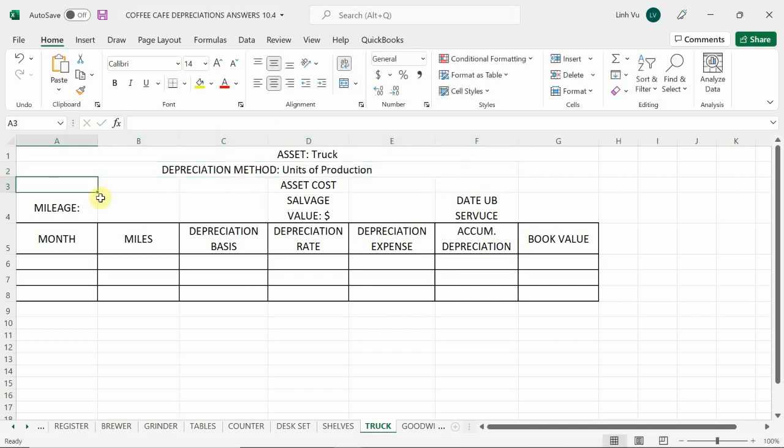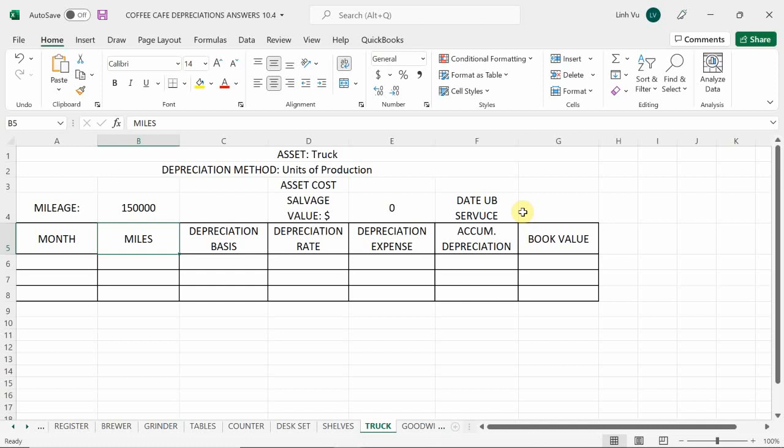Right? We know no salvage value. It's $0. We know that it can drive up to 150,000 miles. And we know that it should last up to 7 years. Now, two other components we need is the asset cost and when we placed it into service.